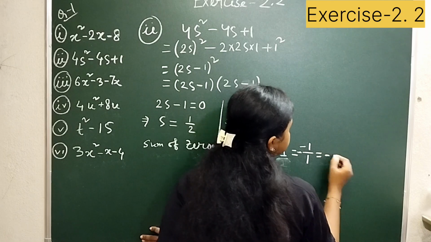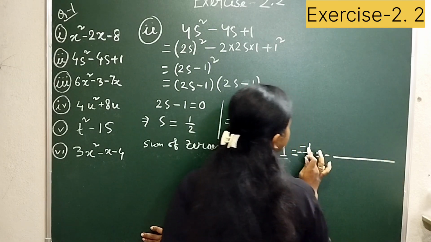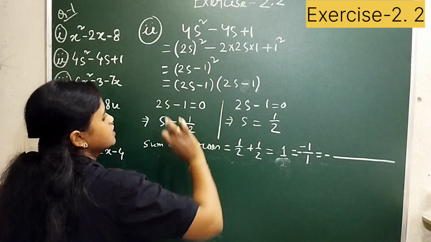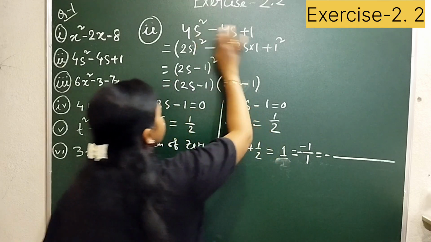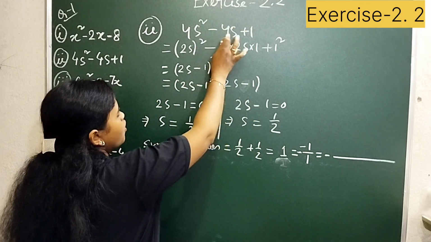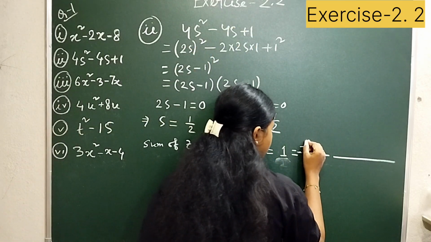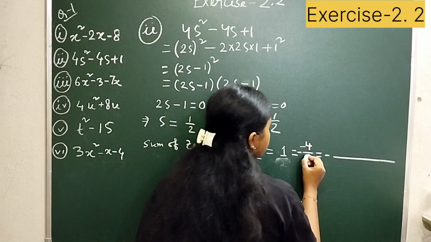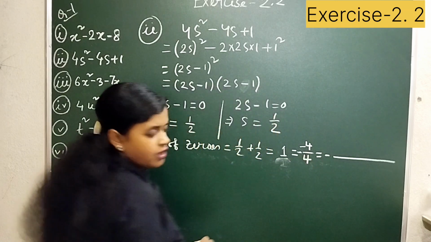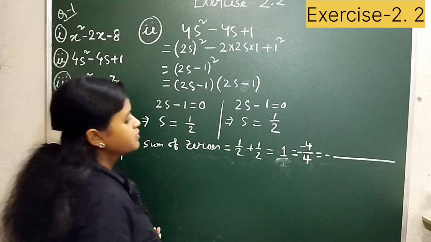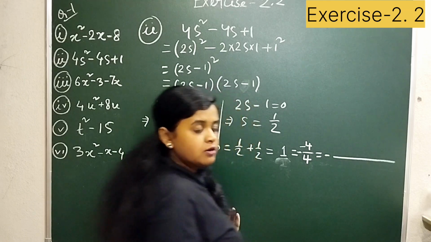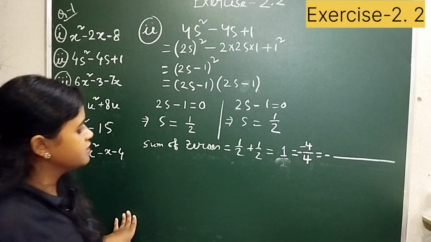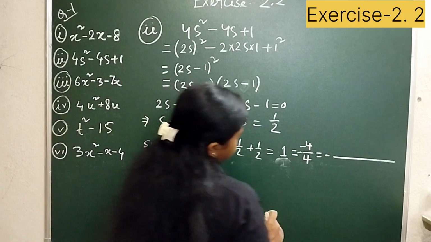Now minus of this is minus 1. There is no value for the coefficient of x, so we have to write 1 as 4 by 4, to establish the relationship between the zeros of the polynomial and the coefficient of the polynomial.